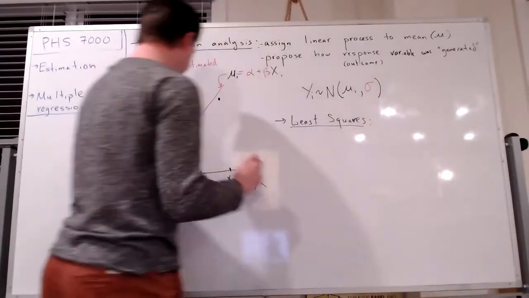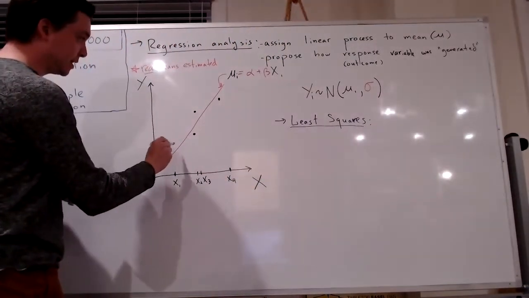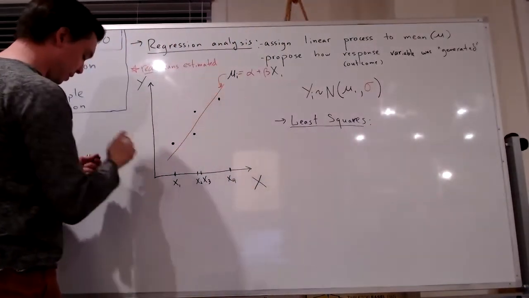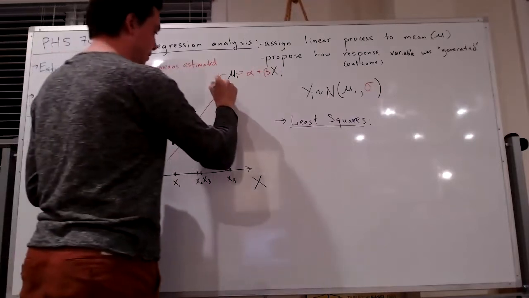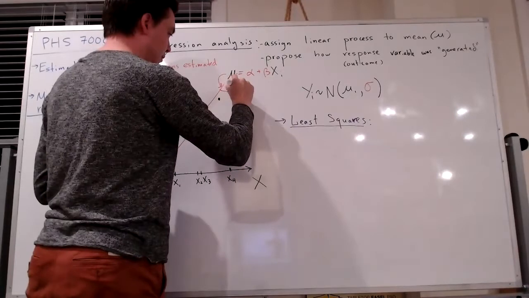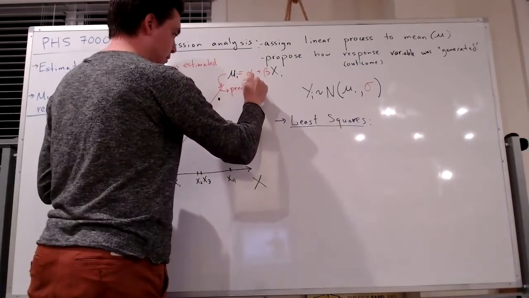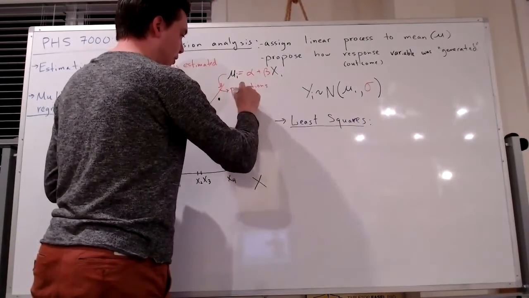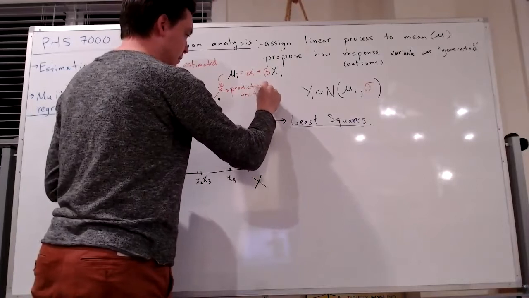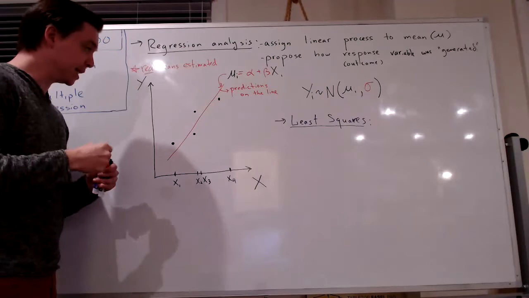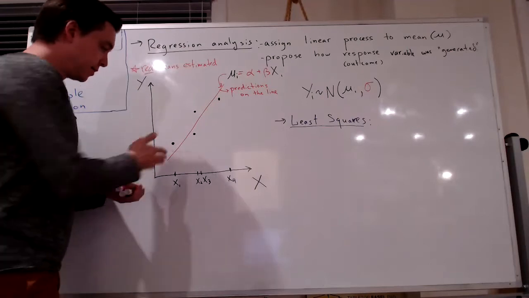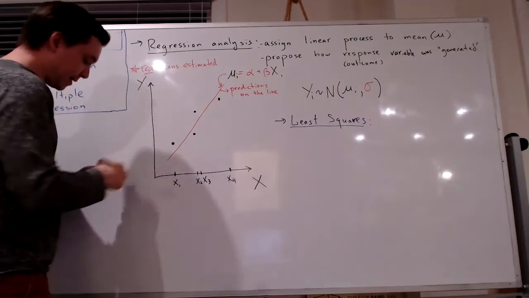What we're going to do to visualize, our predictions lie along the line, right? So the predictions are on the line. And they could be good, bad, something in between. So we have missed this observation.